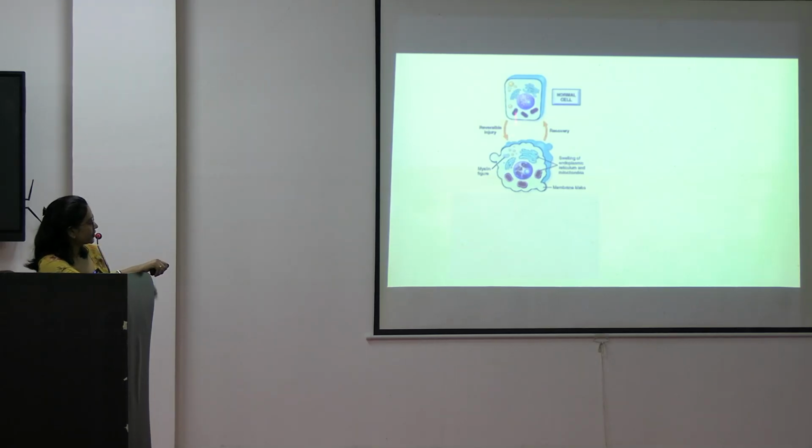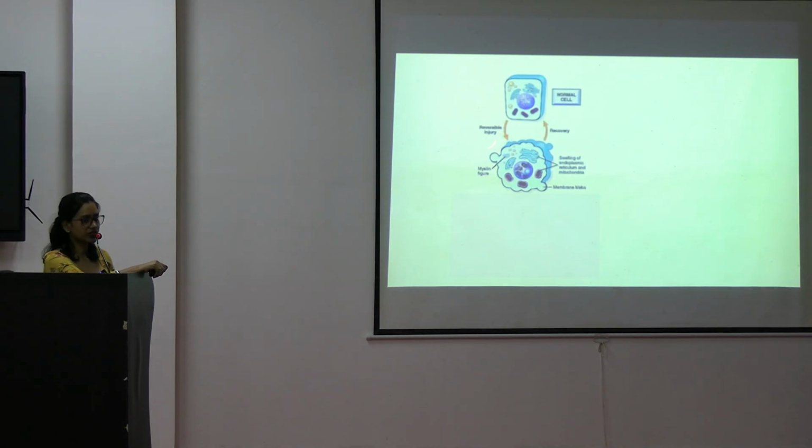First we'll know what are the changes which happen in reversible cell injury. In a normal cell, we are seeing here that in reversible cell injury, it can also recover and go back to its normal homeostasis. So what are the changes? The myelin figures will be affected. Then there will be swelling of the endoplasmic reticulum and mitochondria, and also formation of membrane blebs. All of this happens because of what?